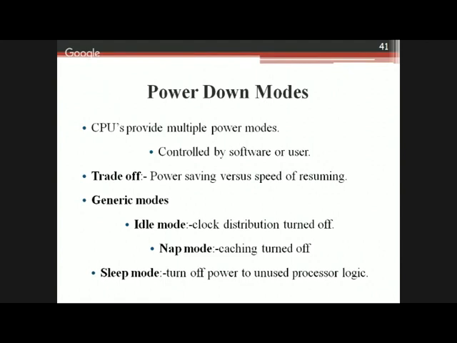It comes under the category of clock gating, which I've already discussed: we can disable the clock to some of the shift registers which we are not using in order to save power. Nap mode: the cache memory on the chip is turned off. And sleep mode: turn off the power to the unused processor logic. I mean, completely put it into sleep mode in order to save power. That's where power gating comes into the picture, the third point which I discussed in the previous slide.